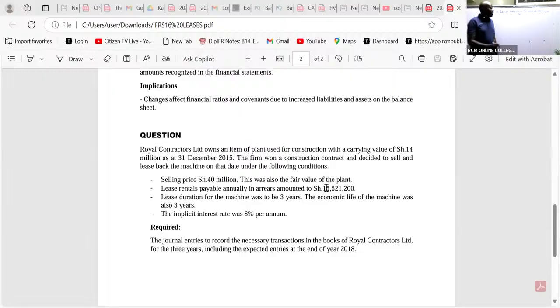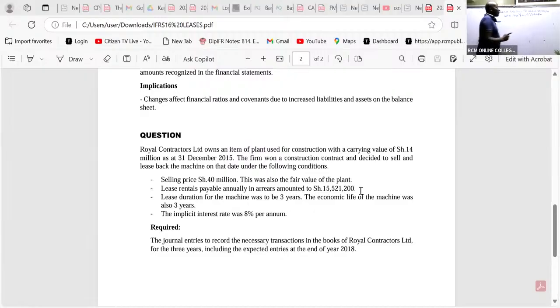So in this case here, we have the lease rental per annum, which is 15,521,200. Sorry, 200. And remember, this is per annum.